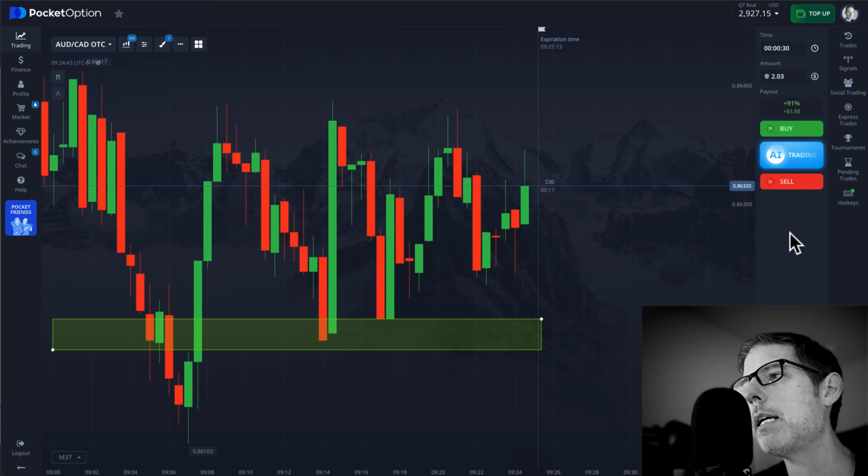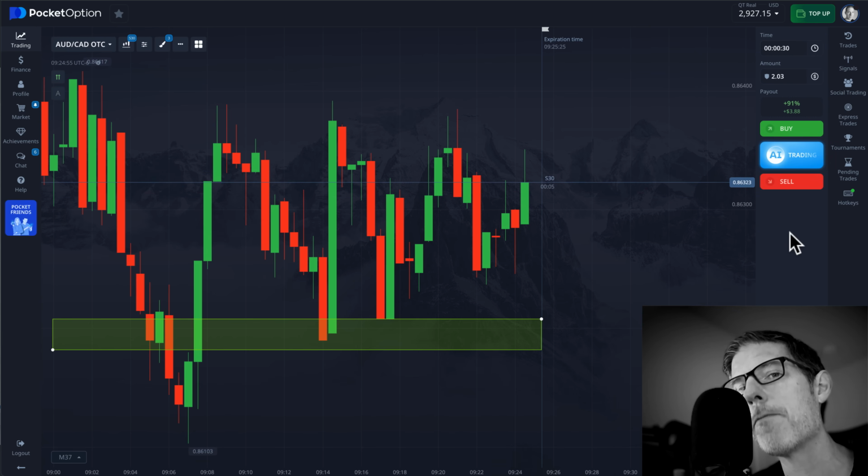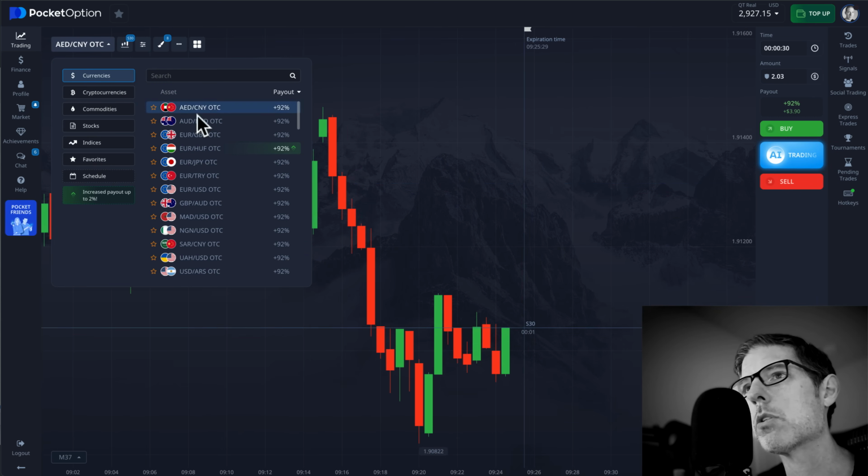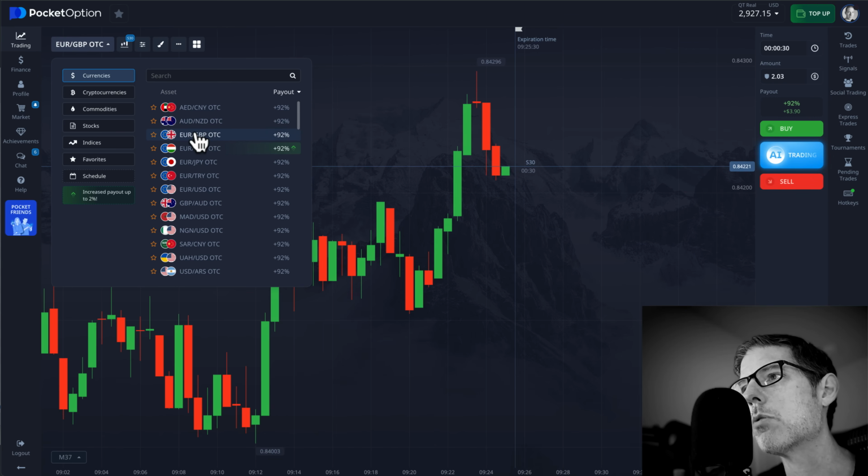Because I think it should know which way, right? If it's going to be a buy or sell, no matter what the chart says. It could be going up or down, but we're just trying out the strategy method first to really see if it makes a difference. Let's just come through here. Maybe we can choose something else.